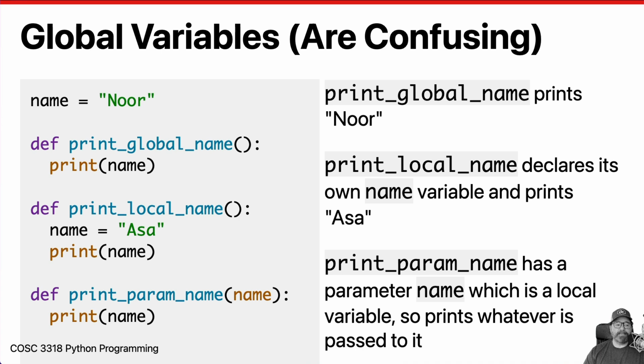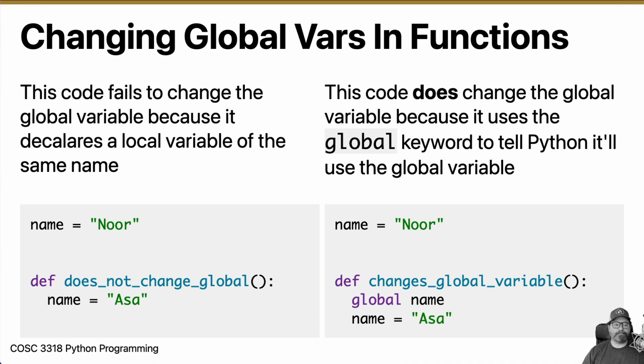And the reason that this doesn't change this is because when we create this, that automatically becomes a local variable. And to be able to change the global variable, we have to tell Python, hey, we want to change the global variable. And we can do that by saying inside our function, we want to use the global variable name. When this one right here runs, it does not change the global, this is a local variable.